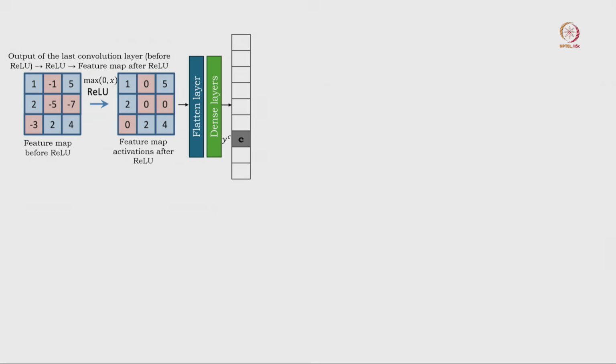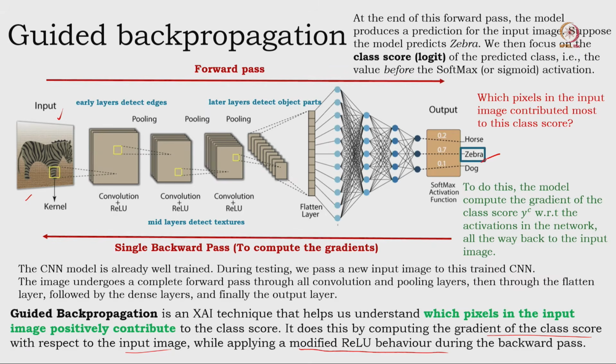Now, what we are seeing here is just one feature map of the forward pass. In the forward pass, an input image is passed to the first convolution layer, the second convolution layer, and when it reaches the third convolution layer, we obtain the feature maps.